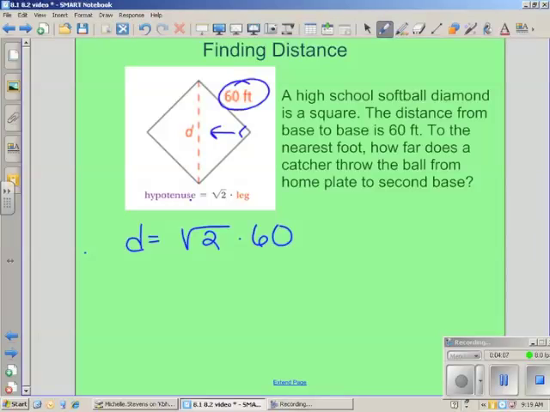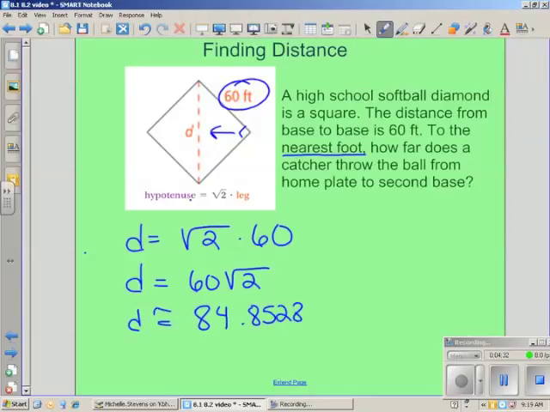So times 60. We can rewrite that with the number before the radical sign, so 60 radical 2. Now to solve this, we want it to the nearest foot. Simply put the values in your calculator, find 60 radical 2, and you would get approximately 84.852811374.